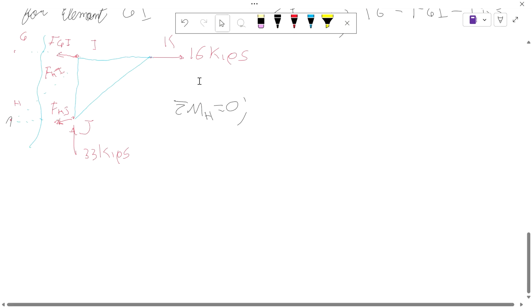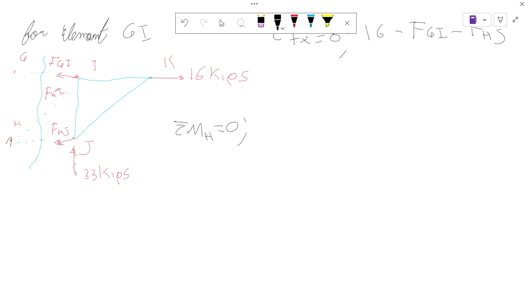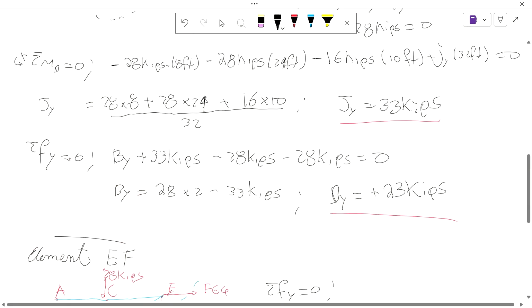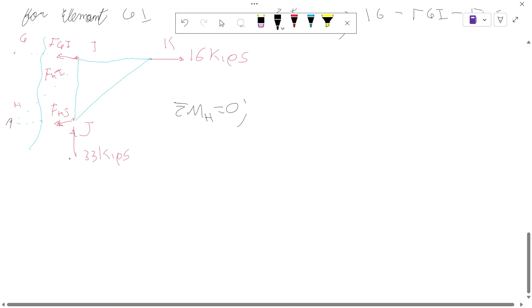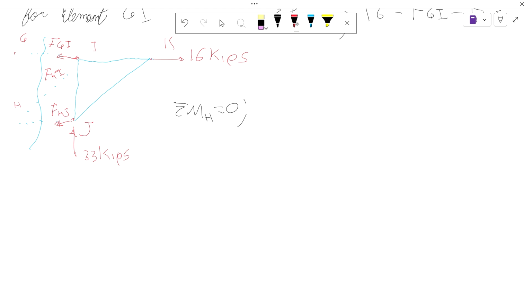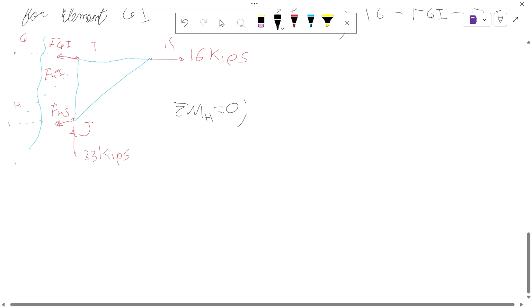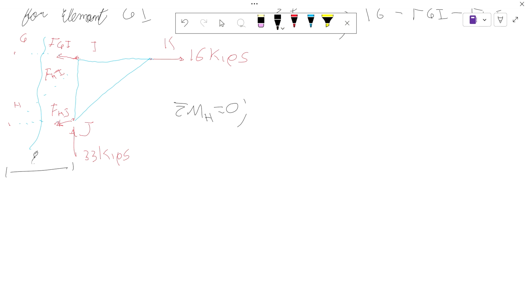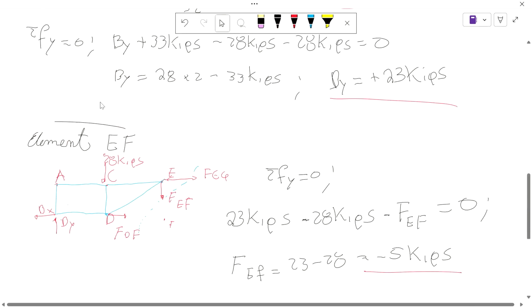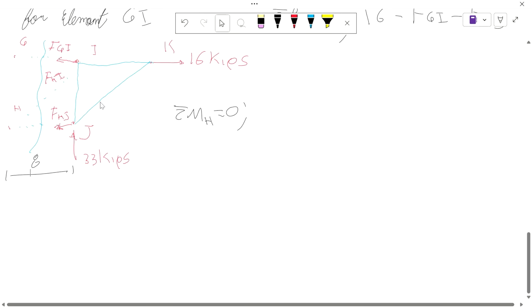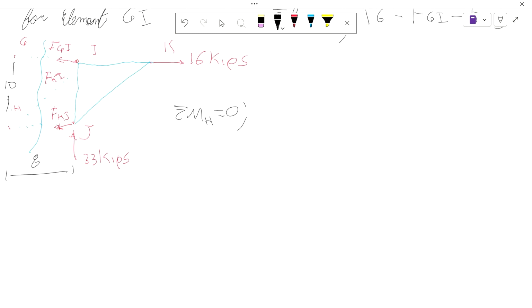In that case, it should be pretty simple because we have all the information. What are the distances again? It's going to be 8 and 10. So this distance from H to J is 8, I think. Let's confirm. 8. Yeah, and this distance is 10. Okay, so let's start by doing our moment.